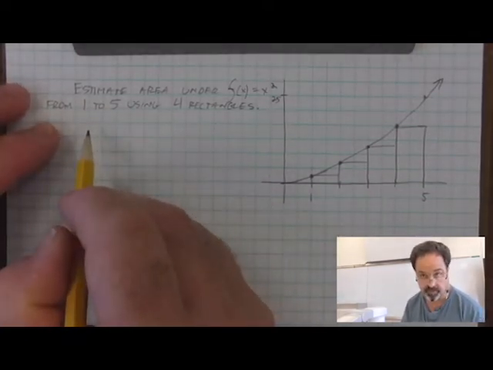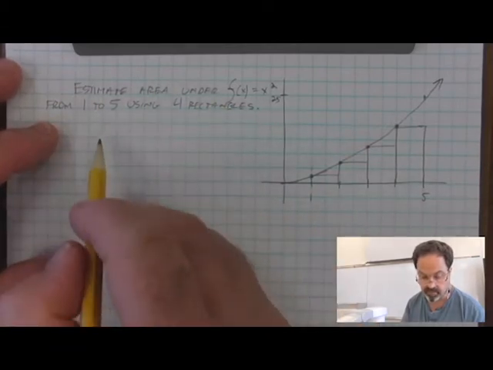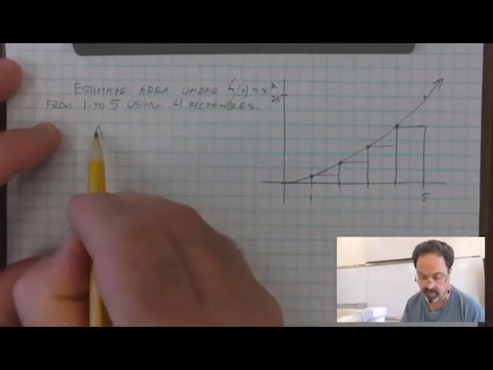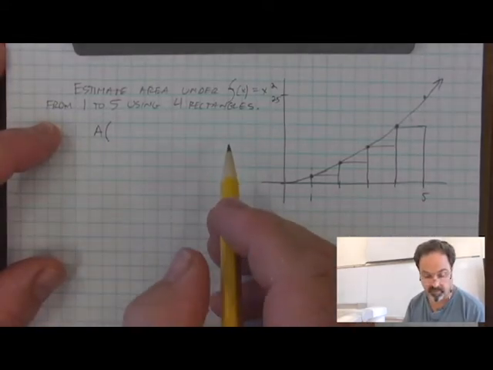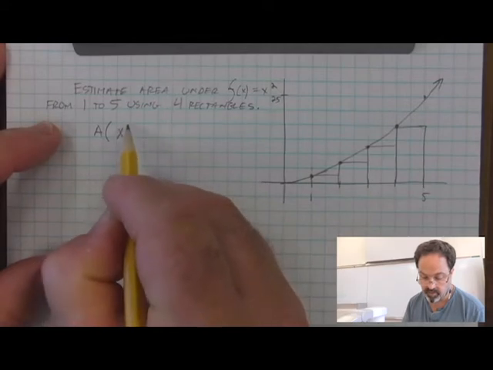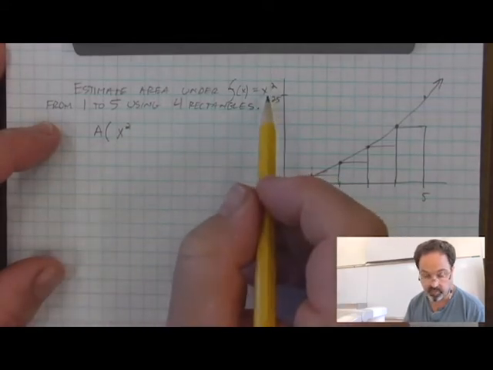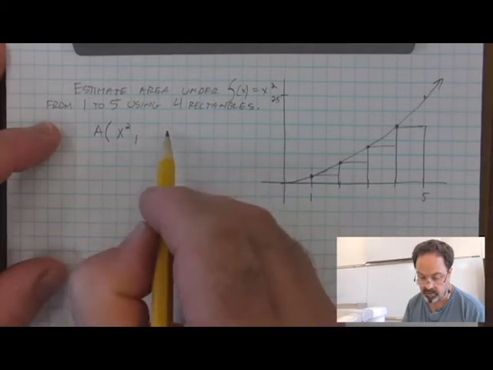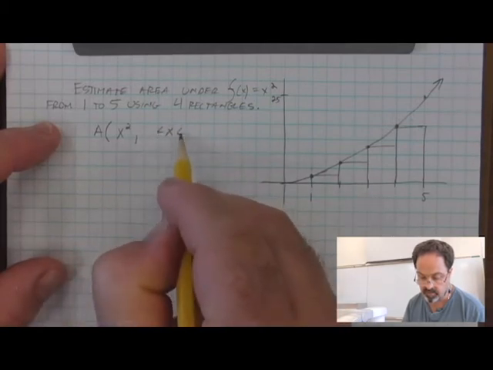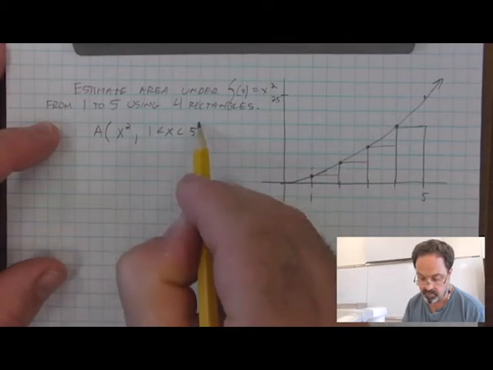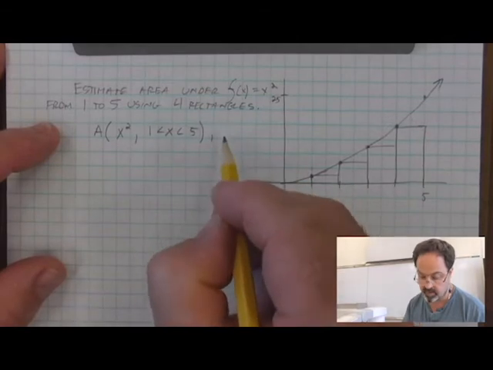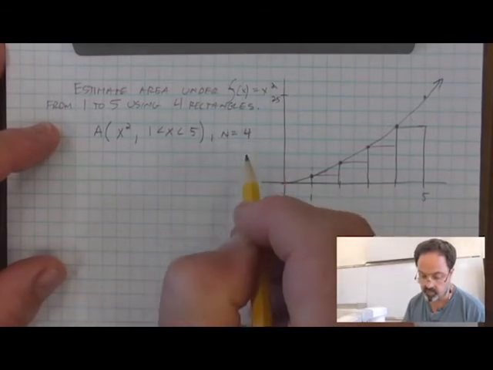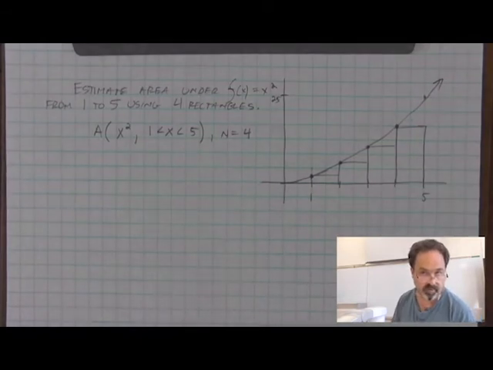In function notation, this language could be expressed as capital A for area, and then in the function parameters, in parentheses, we would supply the expression for the function that we're using with a comma and then a double inequality to identify the interval, and then we might have to be told outside the parentheses that we wish to use 4 shapes, 4 rectangles.